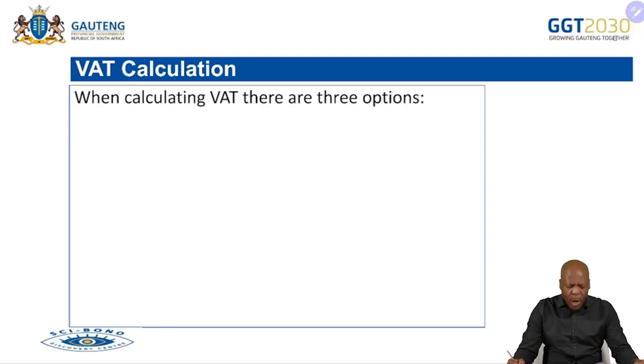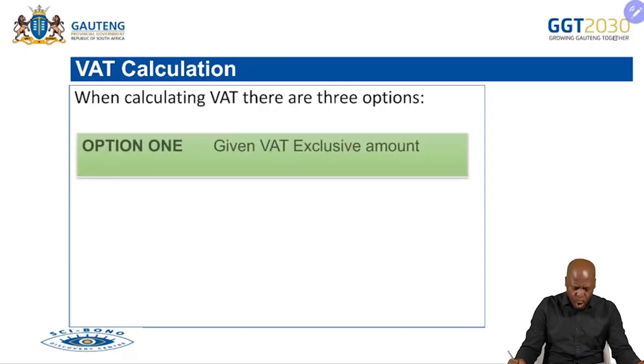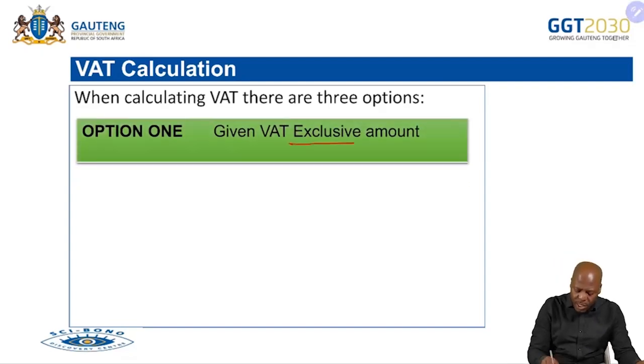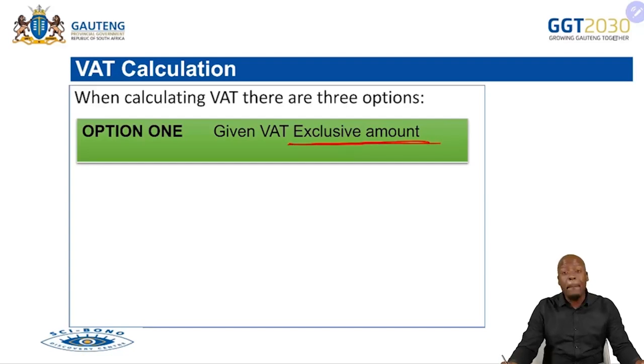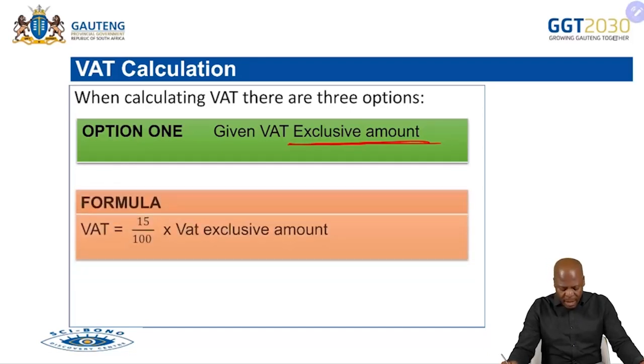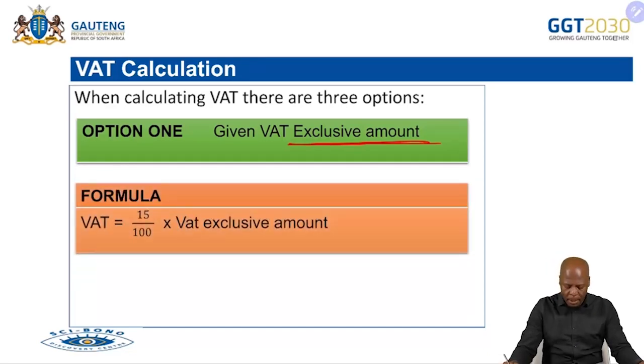When we calculate VAT, there are mainly three options that we can use when we calculate our VAT amounts. Let's look at option number one. When we are given the VAT exclusive amount, the amount that does not include VAT, our formula becomes very easy.